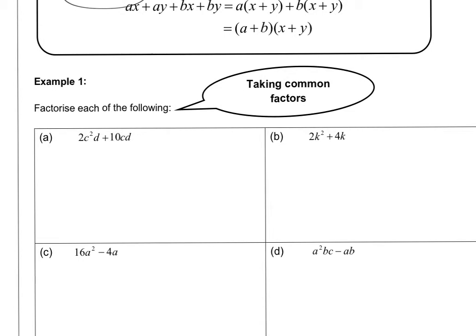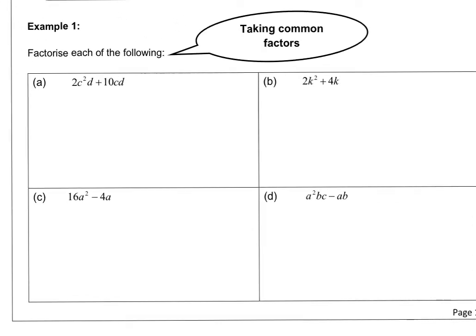So let's do the simple one first, taking out common factor. So the basic rule, taking out common factor, you must take out as much as possible and still leave behind your integer values. Okay, so in terms of the 2 and 10, obviously I can take out so-called divide 2 from both, right? How about in terms of letters? What is the maximum I can take from both? I can take D. I can also take C, right?